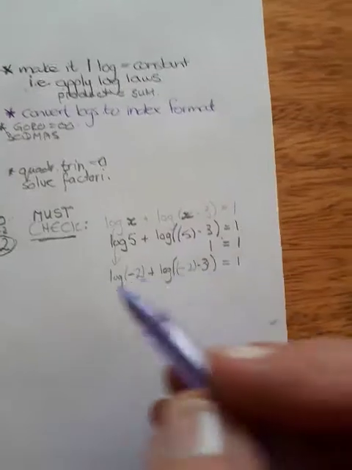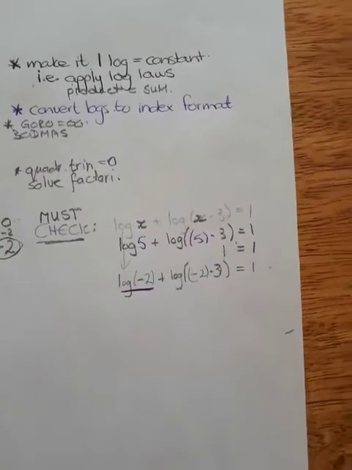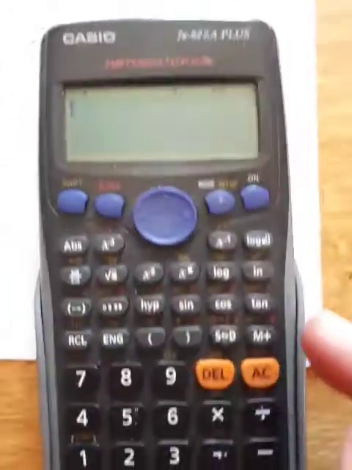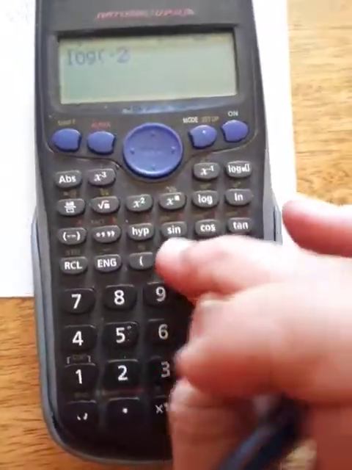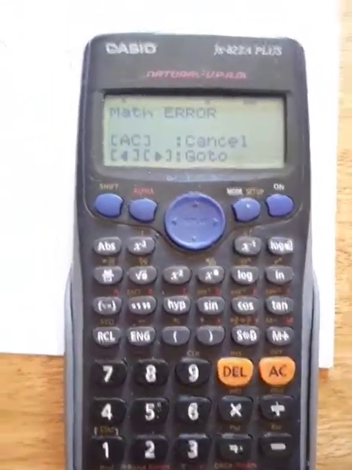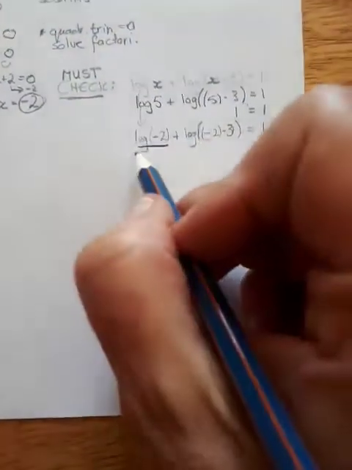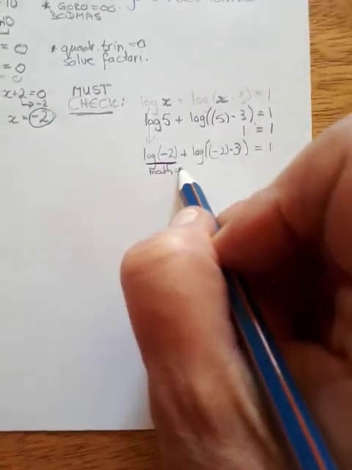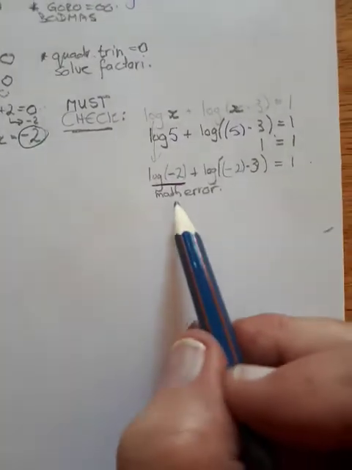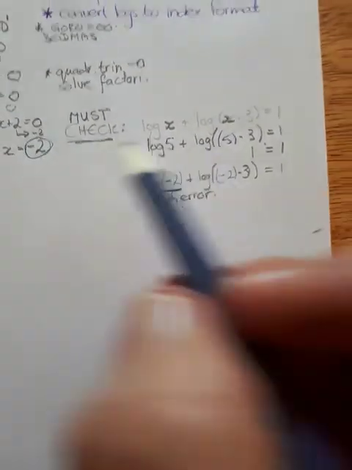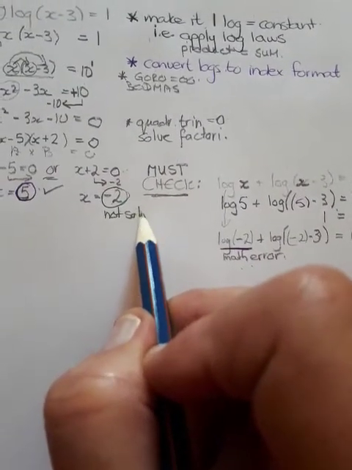And now, look here, there is the log of a negative number, which is impossible. If you put the log of negative 2 into your calculator and press equals, it gives you a math error. It's impossible to get the log of a negative number. Therefore, negative 2 is not a solution.